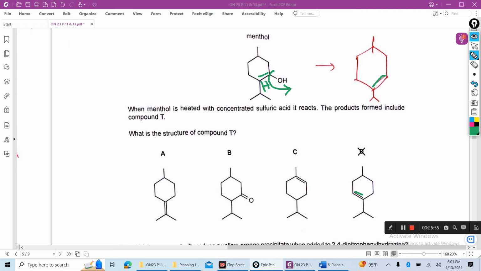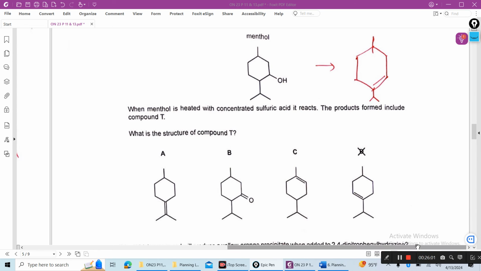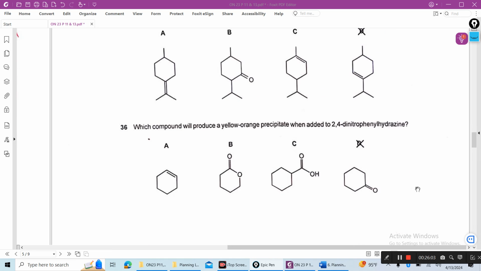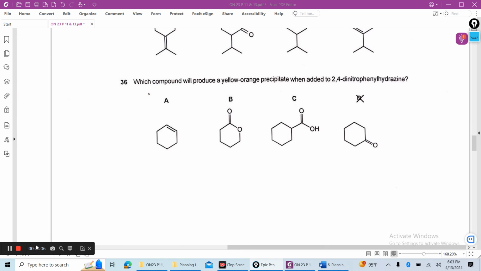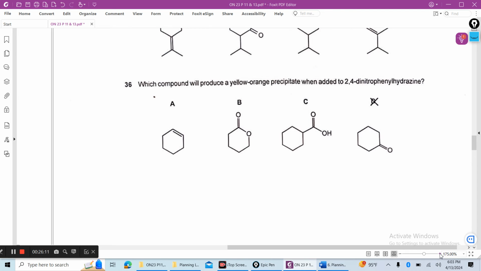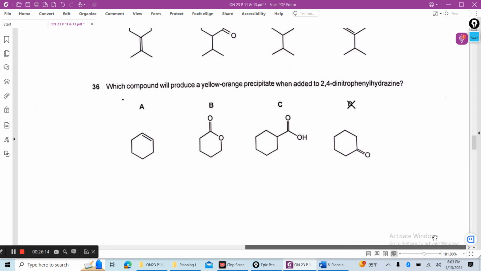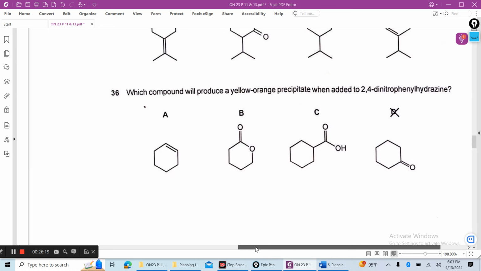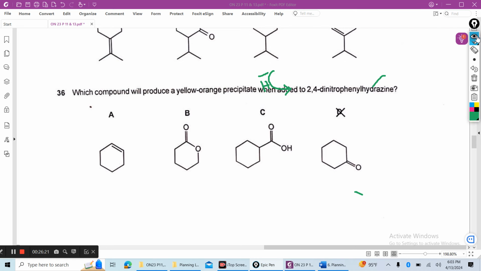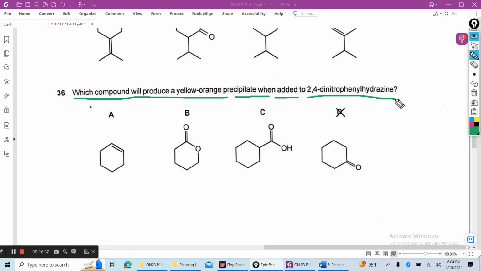Next, 36. Which compound will produce a yellow-orange precipitate when added to 2,4-dinitrophenylhydrazine?